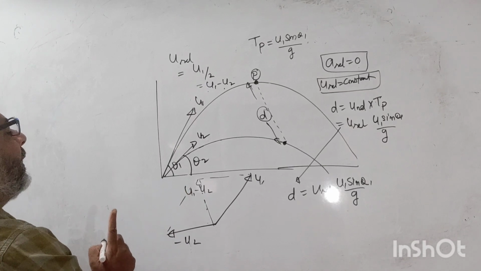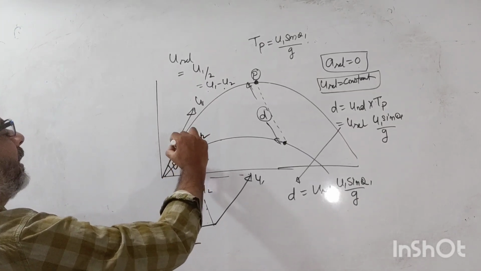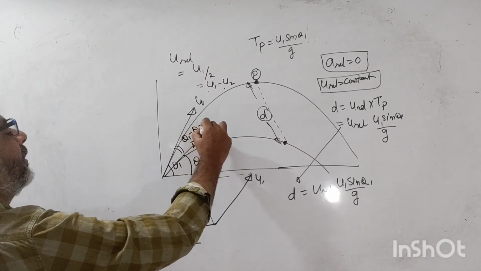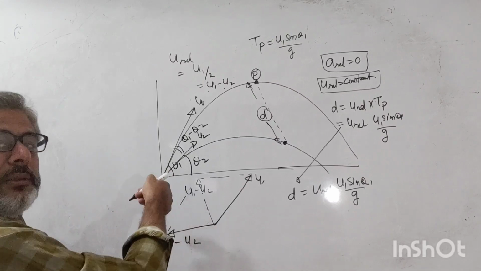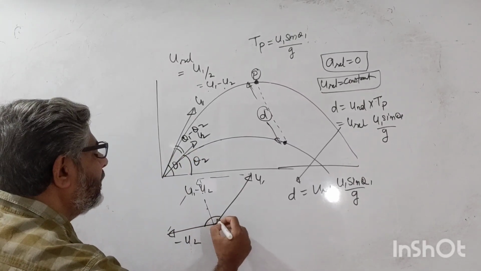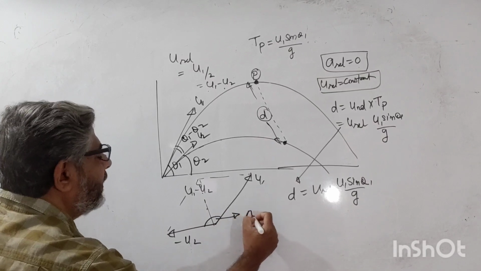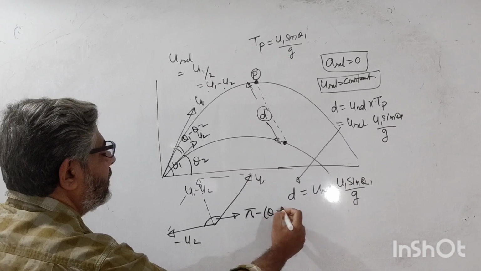Now you can see that the angle between u1 and u2 is this, and this is theta 1 minus theta 2. But this is the angle between u1 and u2. We need the angle between u1 and minus u2. So this angle would be 180, which we call pi, minus theta 1 minus theta 2.